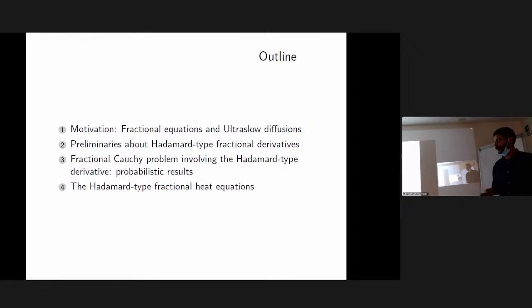I will give a short motivation, and then some preliminaries about this operator, and then I will discuss some recent results, from the probabilistic point of view and the analytic point of view, about fractional differential equations involving Hadamard type derivatives.